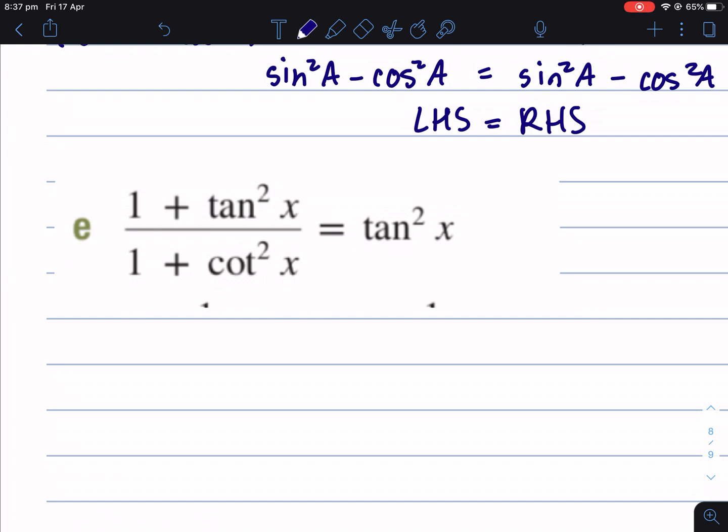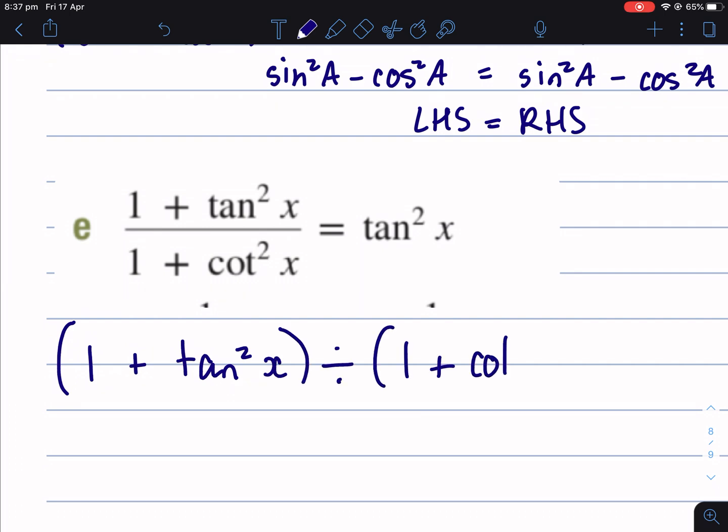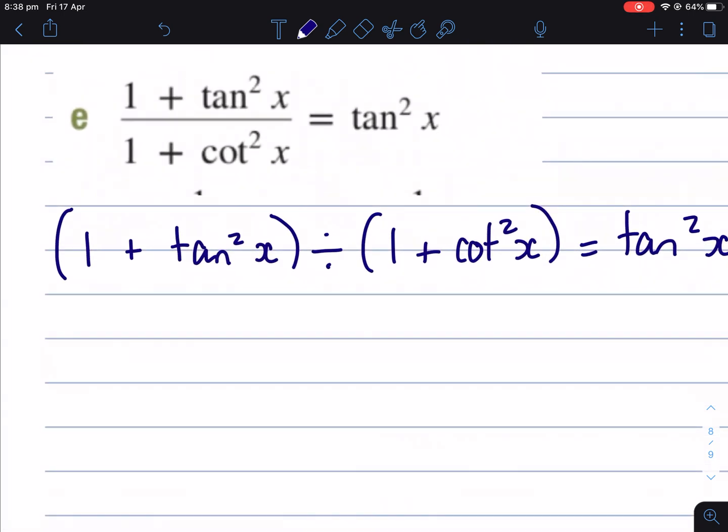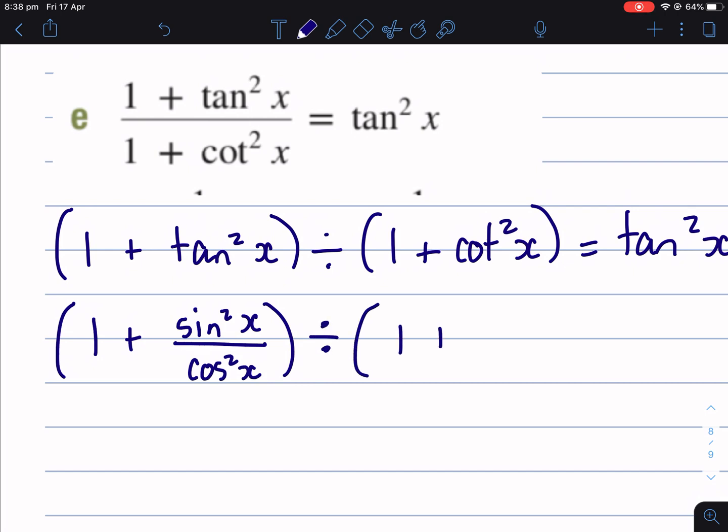I'm going to rewrite this. I've got 1 plus tan squared x divided by 1 plus cot squared x equals tan squared x. Now this is the same as 1 plus sine squared x over cos squared x divided by 1 plus 1 on tan squared x.